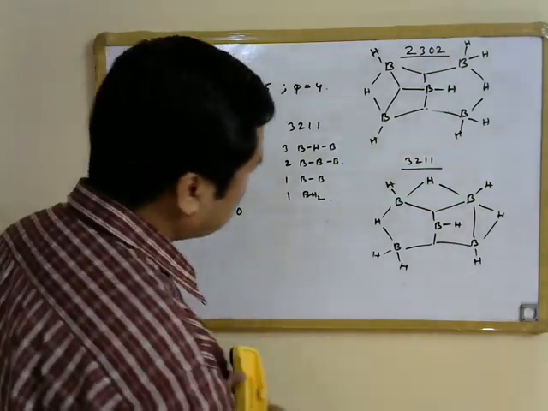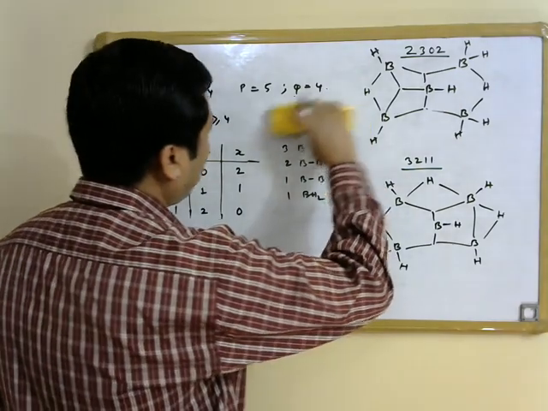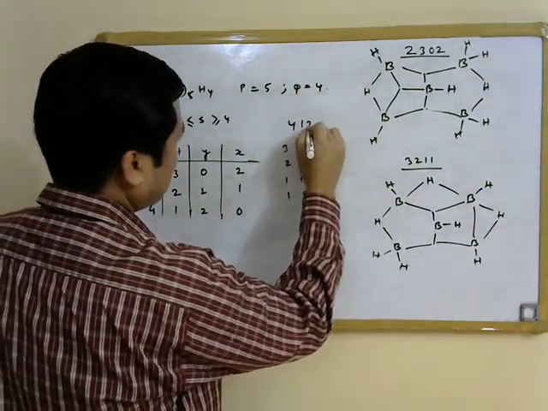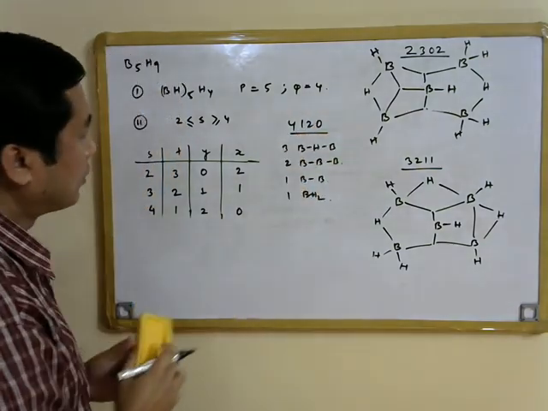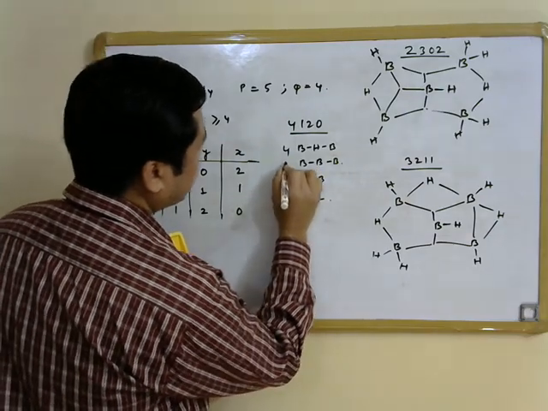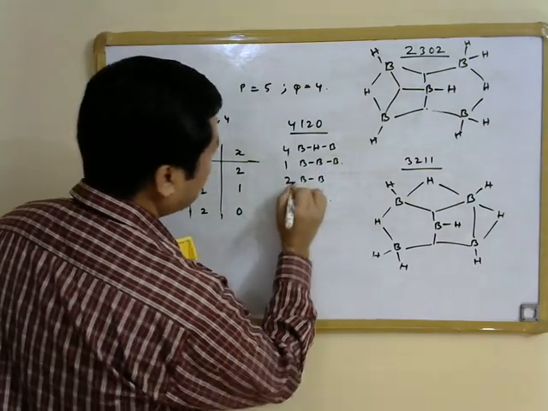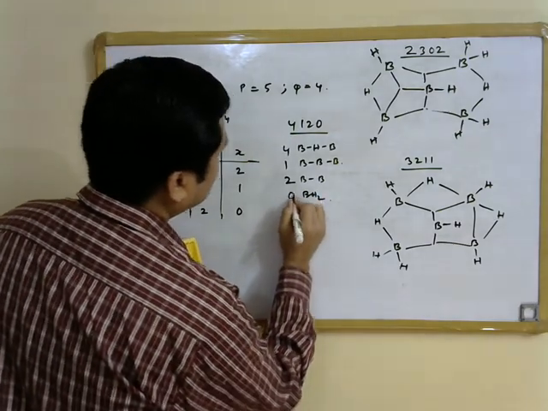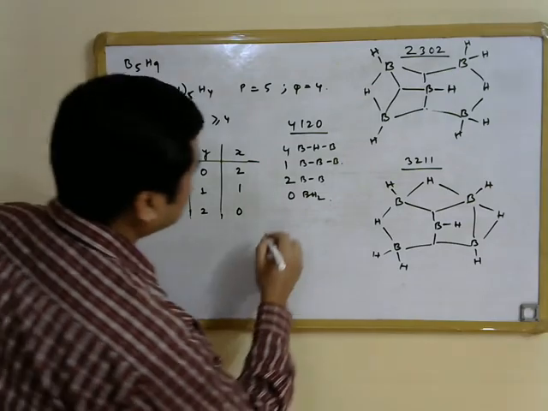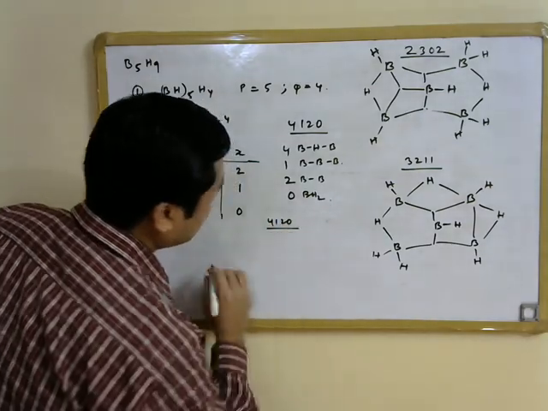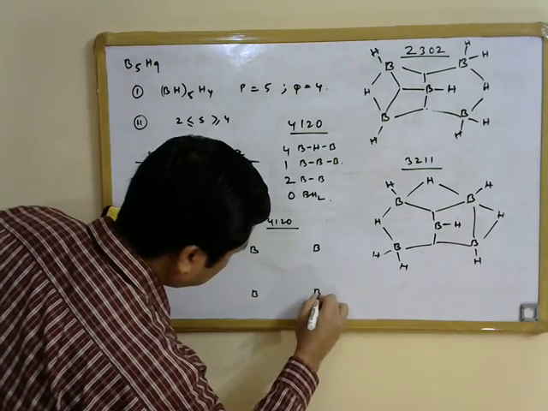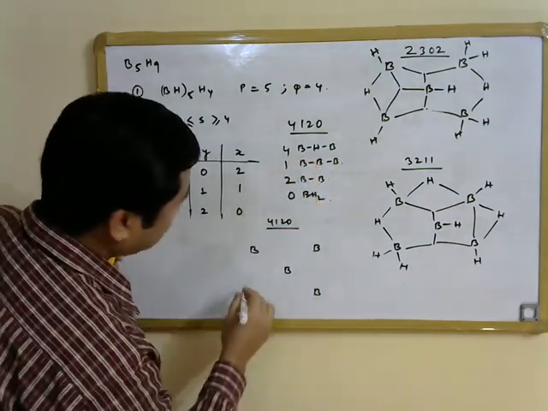Let us now try to draw the last structure for the last Styx code, that is 4, 1, 2, 0. So we have 4 BHB linkages, 1 BBB linkage, 2 BB bonds, and 0 BH2 groups. So let us try to draw this particular structure as well. So 4 BHB bonds.